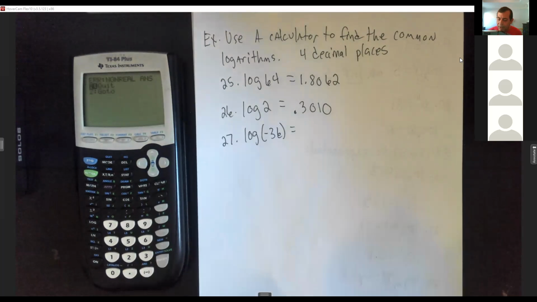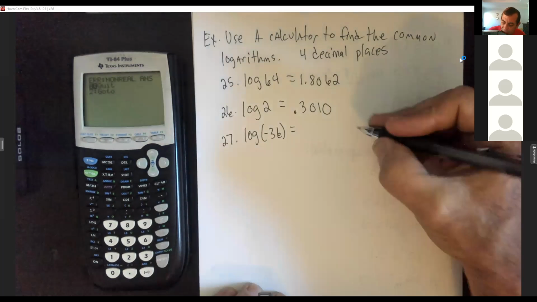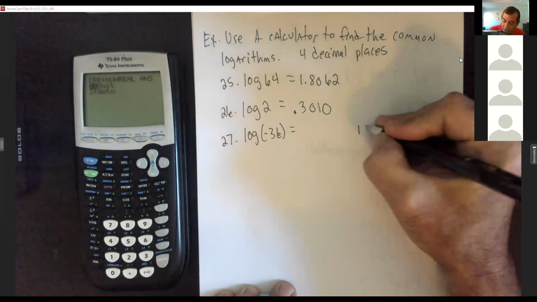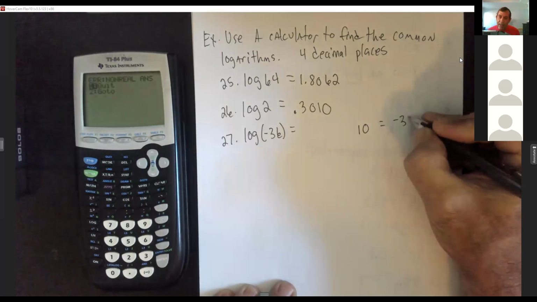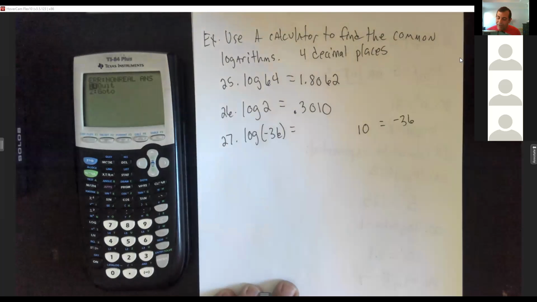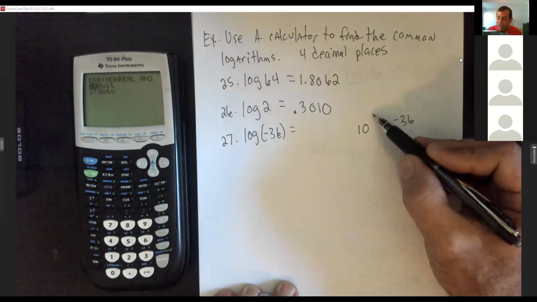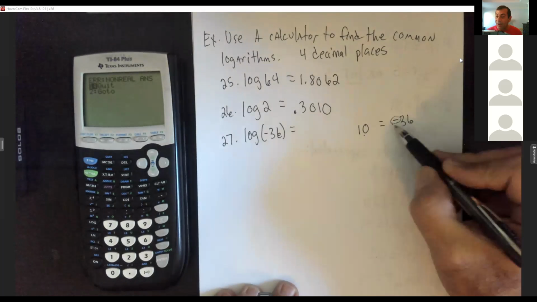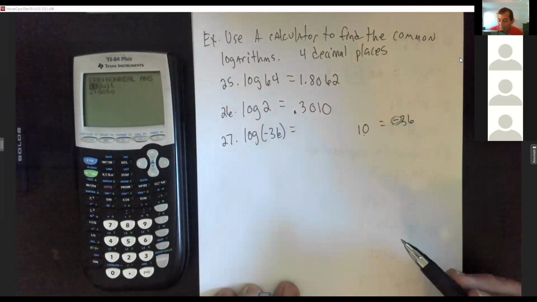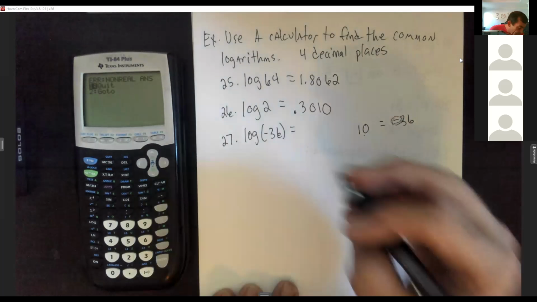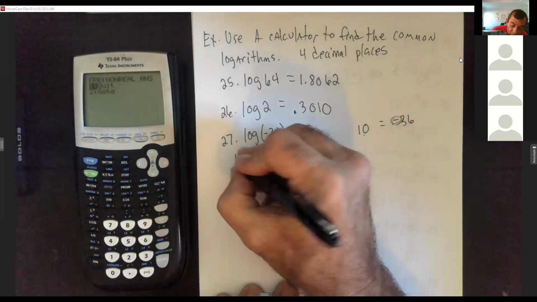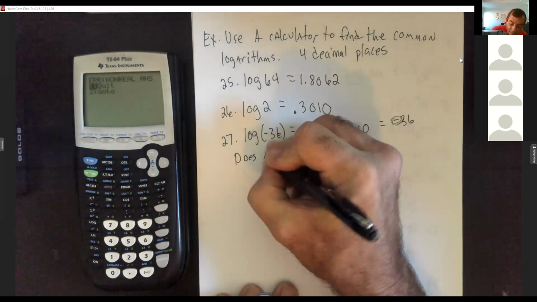Dang, I'm getting an error too. So you're telling me there's nothing I can do to a 10 to turn that into a negative 36. That makes sense. There's nothing I can put here for an exponent that'll turn a 10 into a negative number, right? So this basically is what we call does not exist.